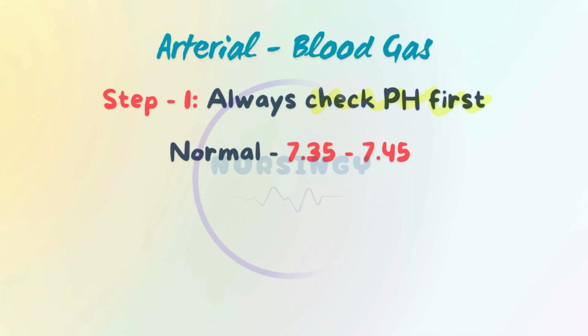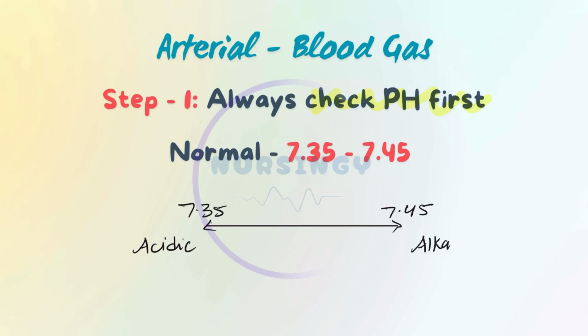When we want to check the pH, always make a line and put 7.35 on this end and 7.45 on this end. If the value is less than 7.35, it is acidosis, and if it is more than 7.45, it is alkalosis. So this is always the first step.